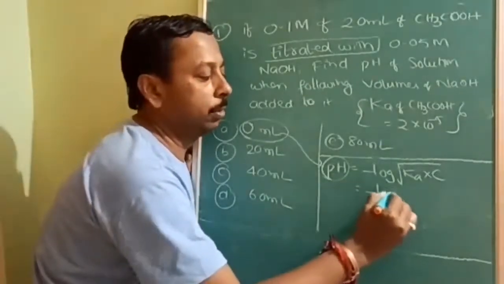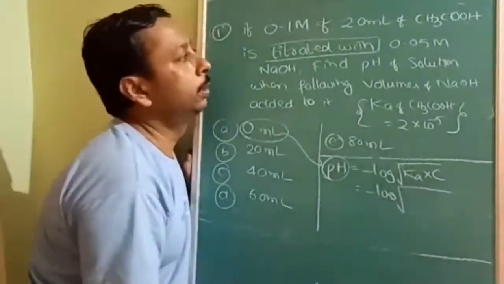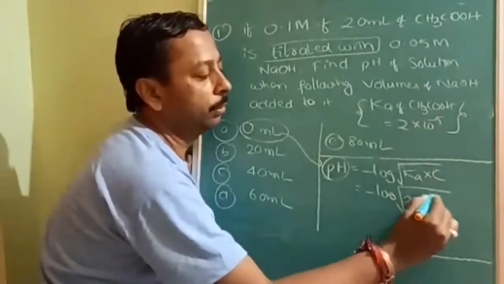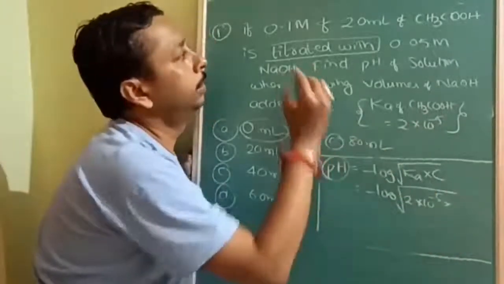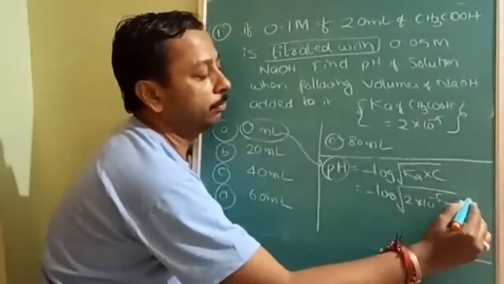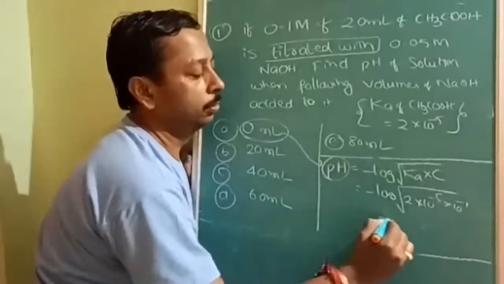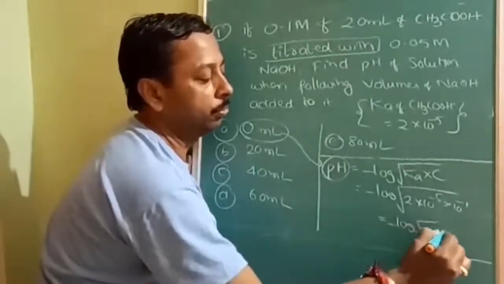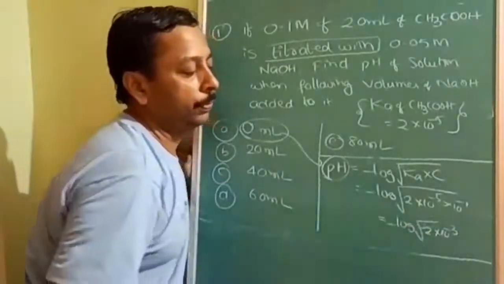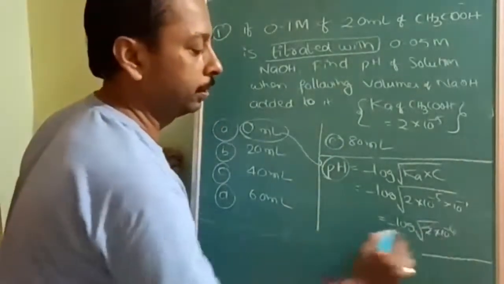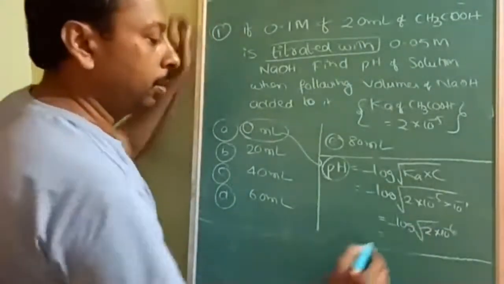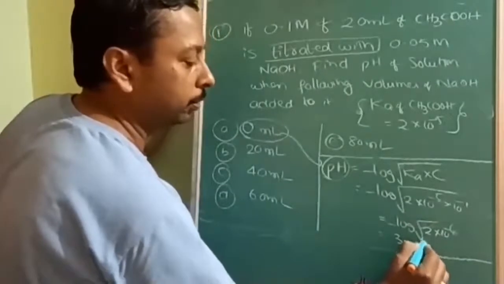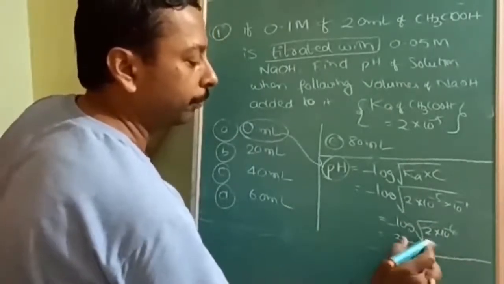So negative log of square root of Ka into C. Ka is given as 2 into 10 to the power of minus 5. Concentration is given as 10 to the power of minus 1. So this will be negative log of square root of 2 into 10 to the power of minus 6, sorry, that is 3 minus log 2, sorry, log 1.414.